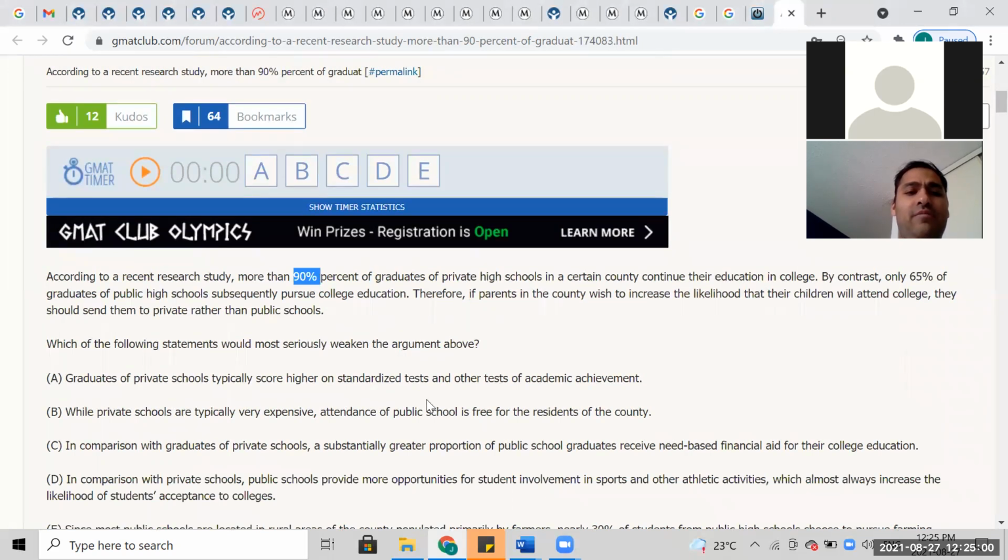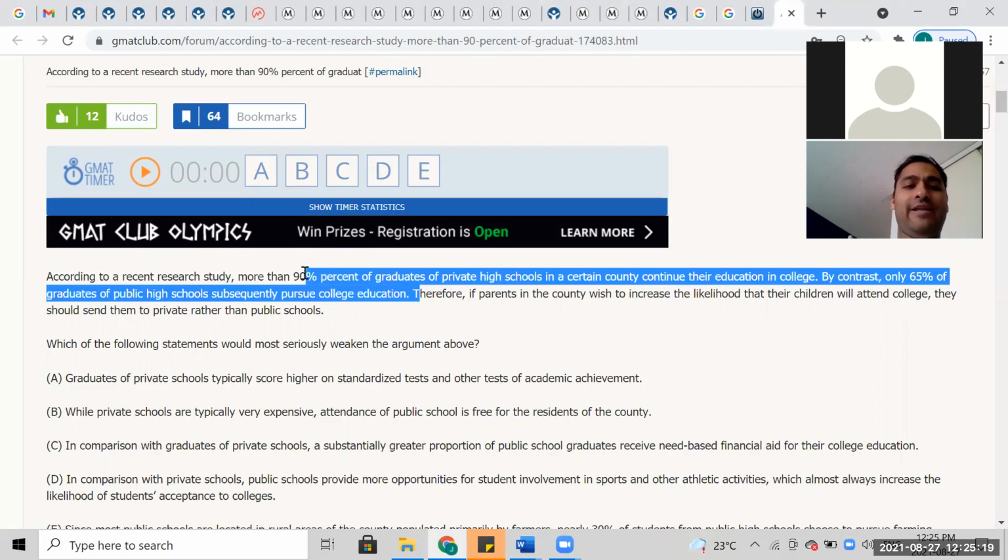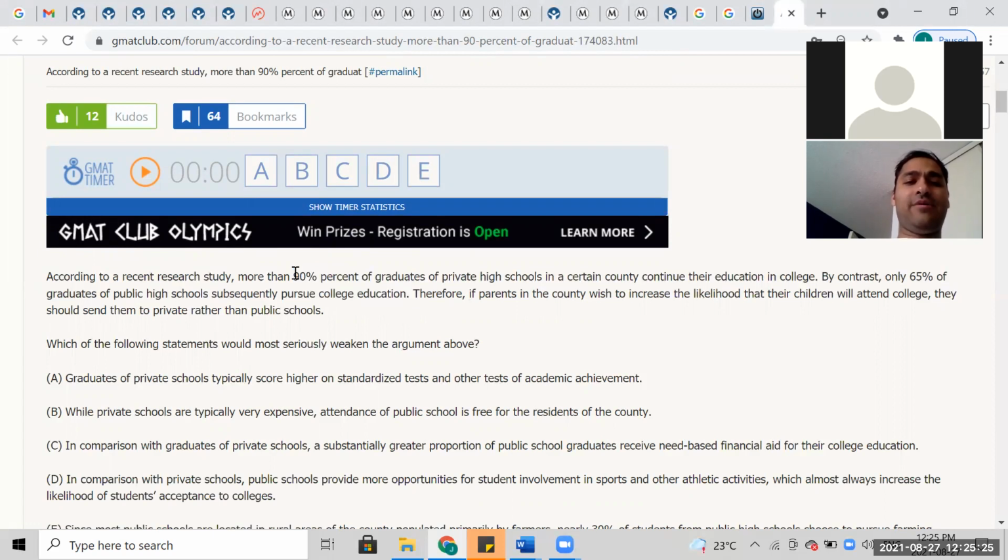I thought maybe given there are more athletic opportunities here, they could go through the athletics route. But I think I made the assumption that this 90% is only because of academics, whereas the 65% is based on academics.